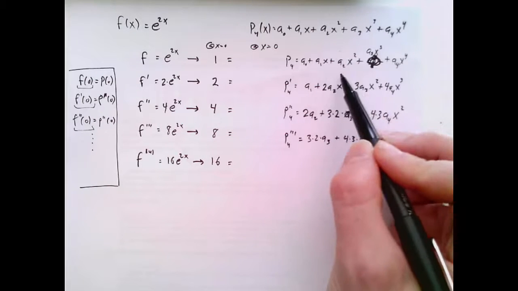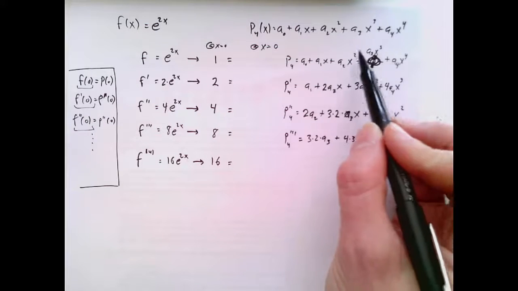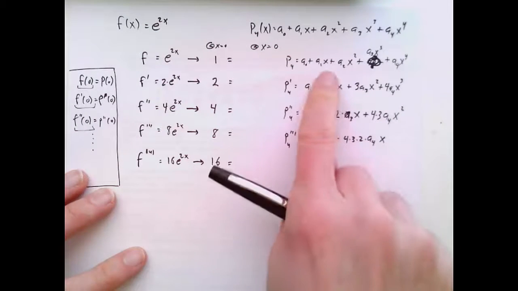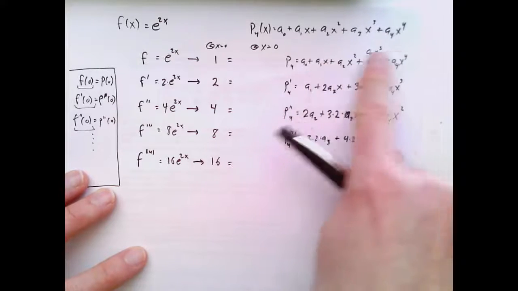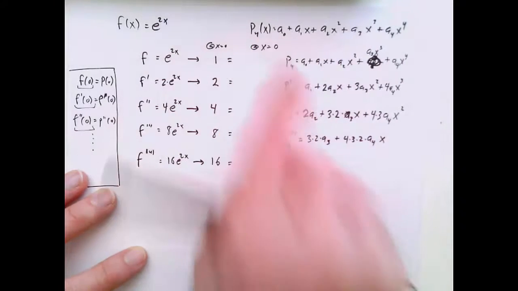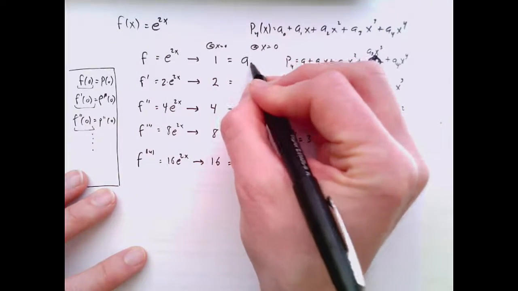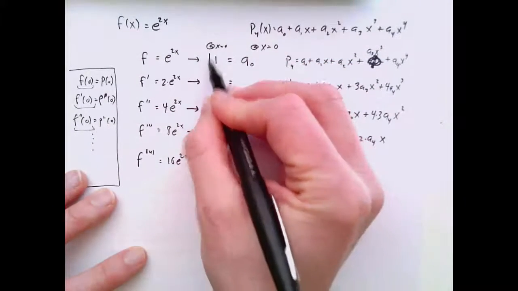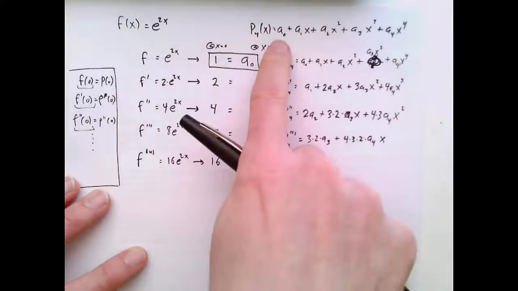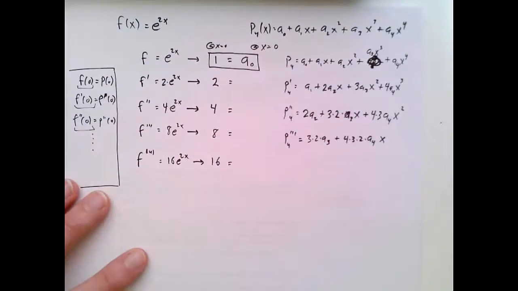This term will be 0 because it's being multiplied by x. That's got an x in it. That's got an x in it. So really, when I plug in x equals 0, all these terms drop out except for this one. So when I evaluate this at 0, I get a sub 0. And now I've solved for my first coefficient. I've solved for the number that needs to go there.